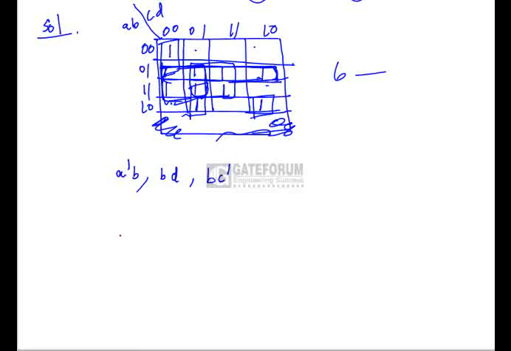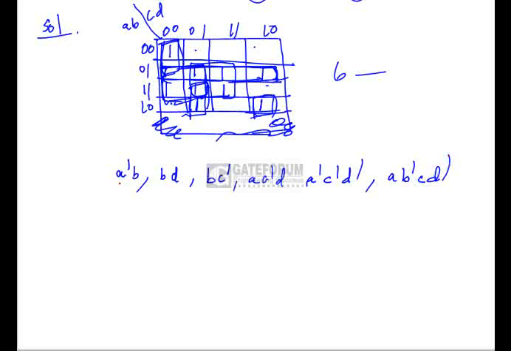BC dash is another term which is a prime implicant, and this one is AC dash D, and this one is A dash C dash D dash, and this one is A B dash C D dash.